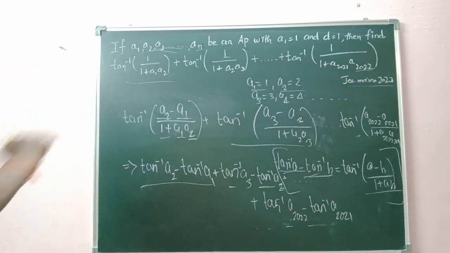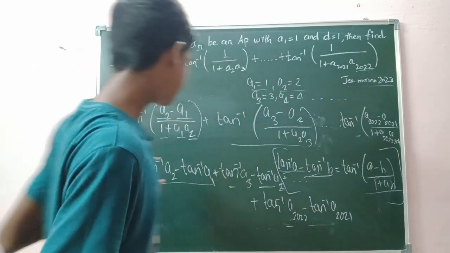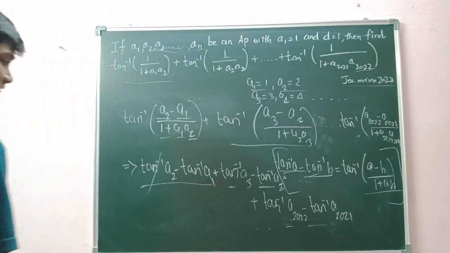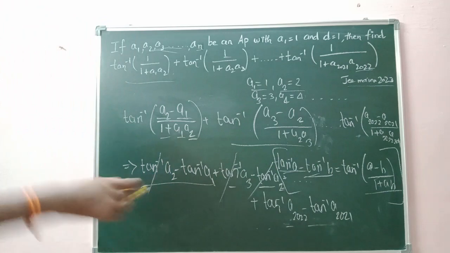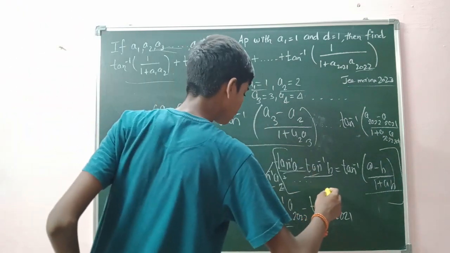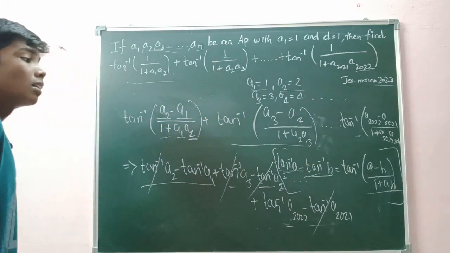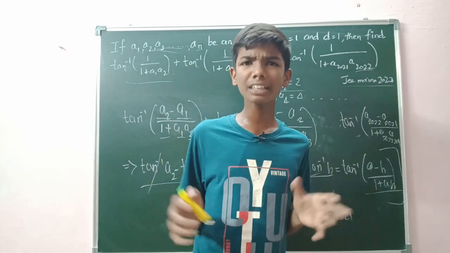So now this is a big expansion. From this expansion I would say that this term will get cancelled with this term, and even this tan inverse of a3 will get cancelled with another minus tan inverse of a3, and yes, this also will get cancelled with another plus tan inverse of a2021. Just expand the summation, people.